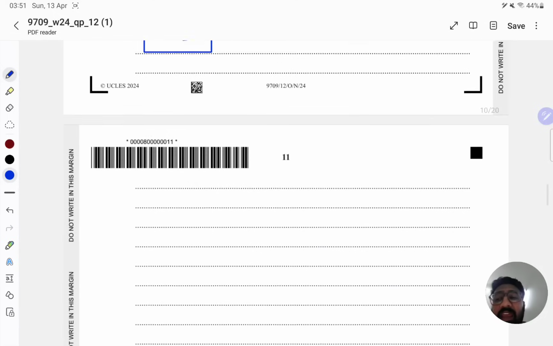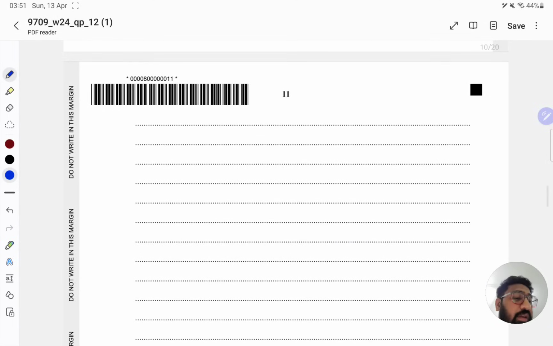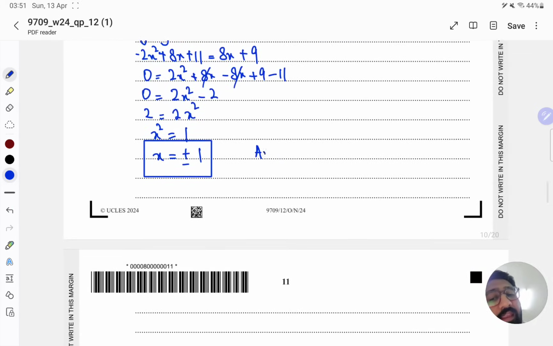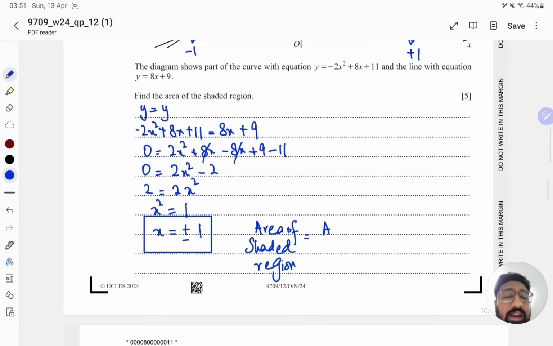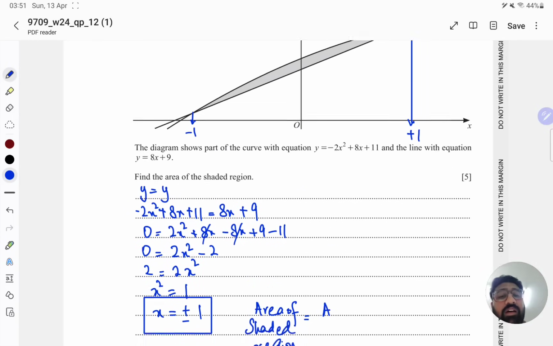So for finding the area of the shaded region, let me write it here. For finding area of shaded region, remember, we find the area by subtracting the area of the curve which is below from the area of the curve that is above.